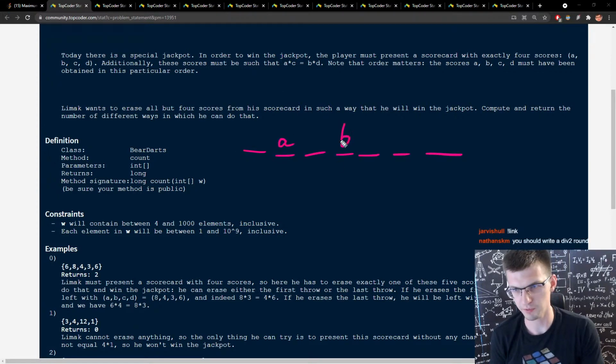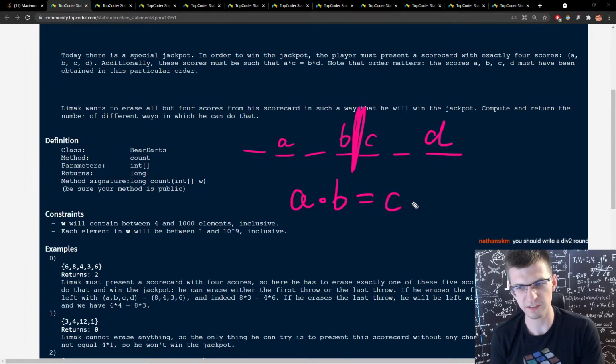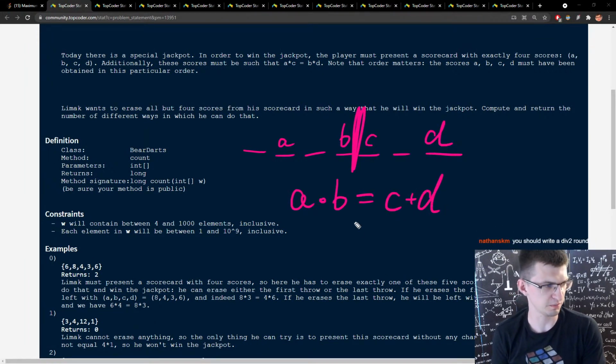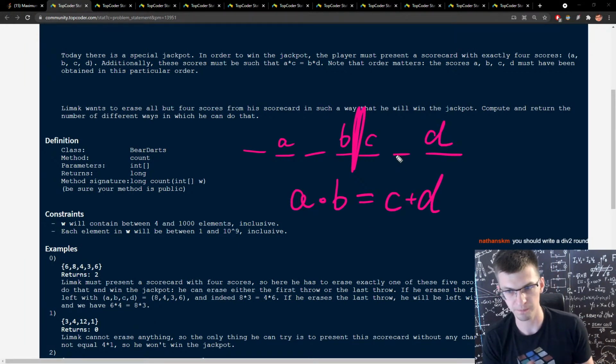If you have 4 elements, A, B, C, D, if you want to split them like this, and you want to say, for example, that A plus B times B is equal to C plus D, they don't even need to be the same type. This is easy. You can use the same trick as from 4Sum.